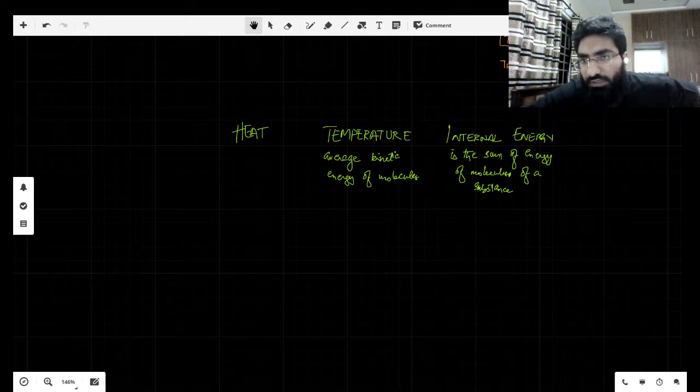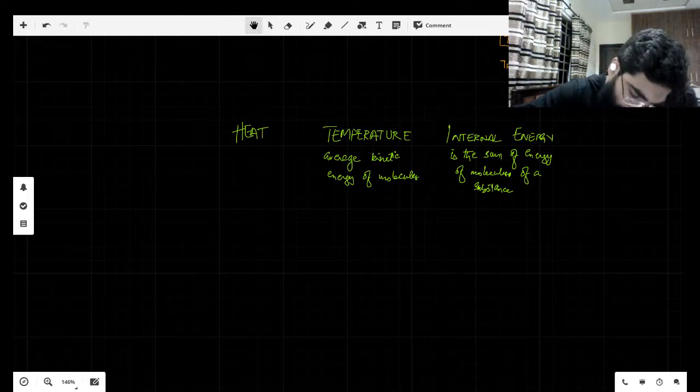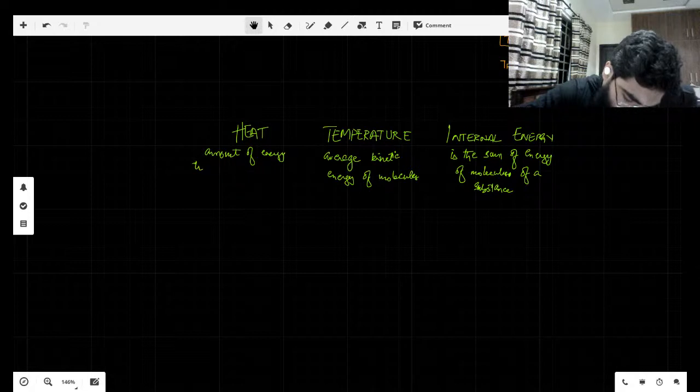And heat is the amount of energy transferred from one object to another because of differences in their temperature.